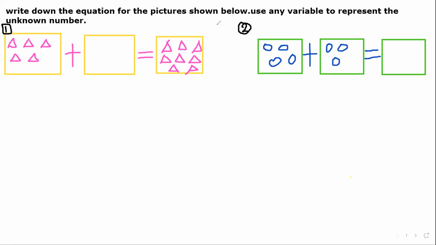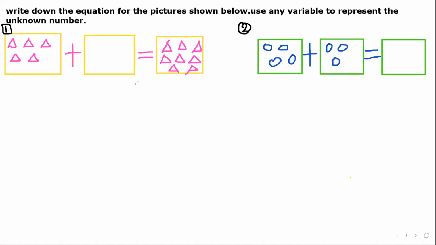Example 1. Write down the equation for the picture shown below. Use any variable to represent the unknown number and then solve. Back in the days, when you were in KG or class 1, you were solving these by the method called guessing.